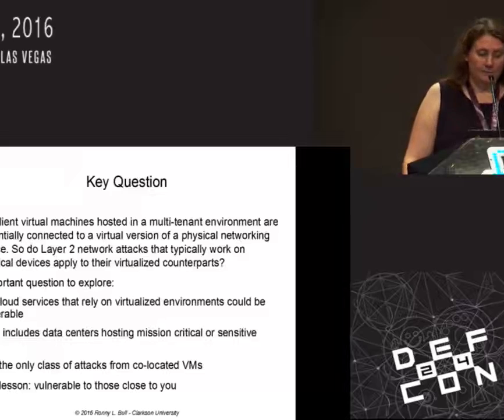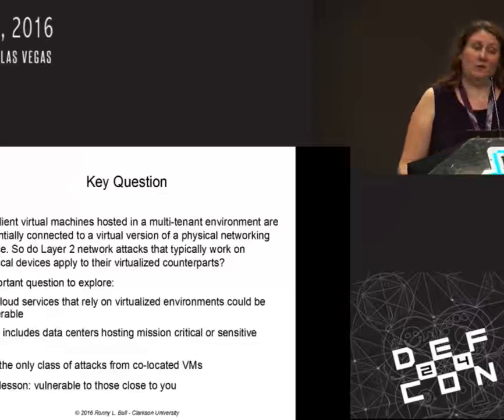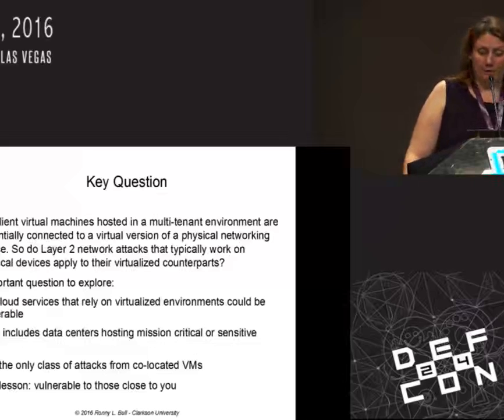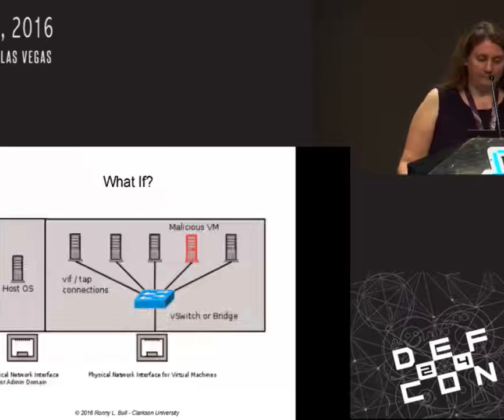This is not the only class of attacks from co-located virtual machines. It's kind of an old story. You're vulnerable to those that are close to you, but in a public kind of multi-tenant environment, you're not quite sure who you land next to. And we've done some other work in the past on the types of things that virtual machines can do to each other, as have many other people. But in particular, today we're talking about the attacks over the network.